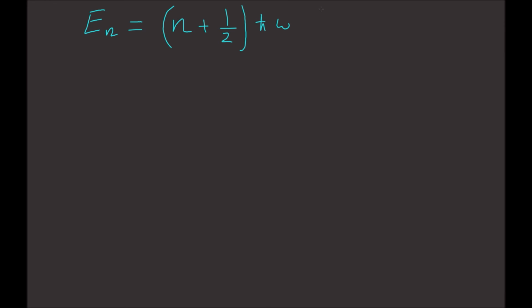Let me rewrite the solution again. So the solution is psi of n equal to some normalization constant a sub n, a plus to the nth power, times exponential to the minus m omega divided by 2 h bar times x squared.